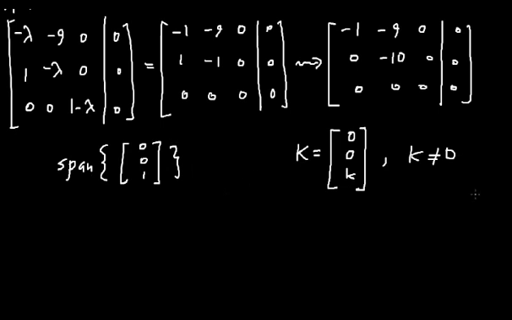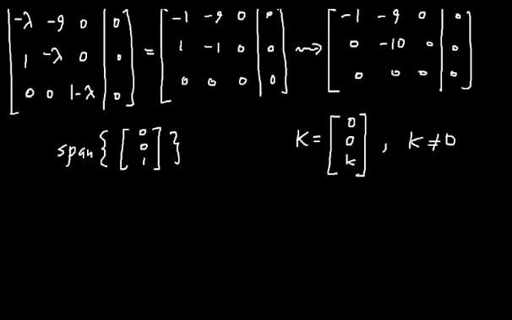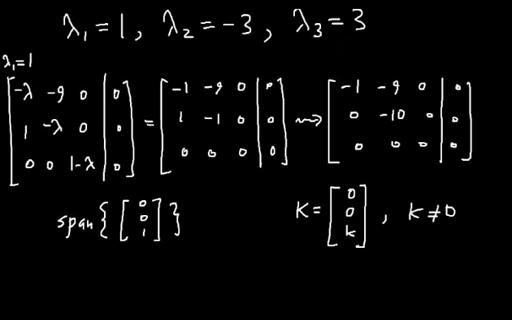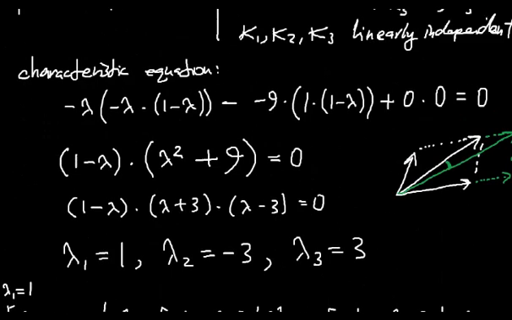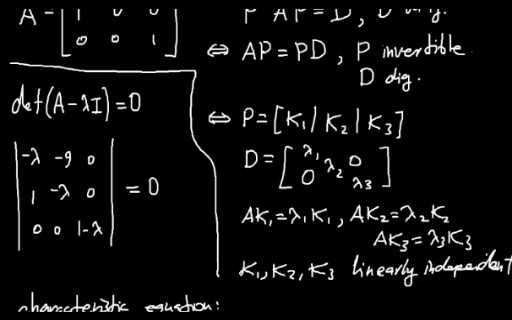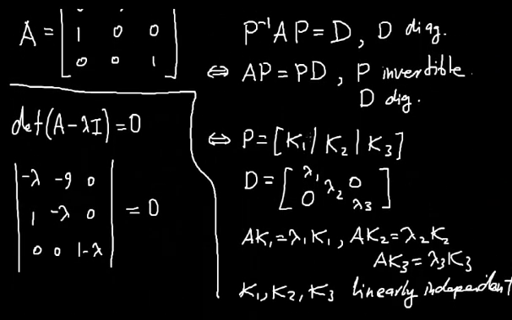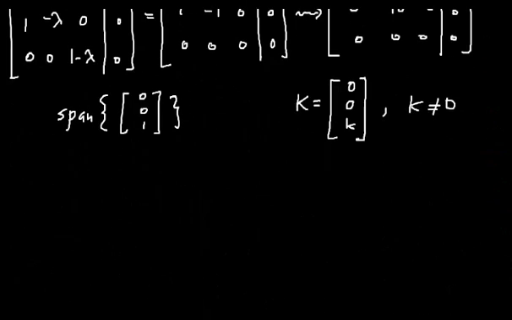If I'm just looking for one eigenvector, which I am in this case, for lambda equals 1, I just need one eigenvector. I want one eigenvector for each eigenvalue, right? So for lambda 1, I will pick just this vector 0, 0, 1. So I can now say k1 equals 0, 0, 1.